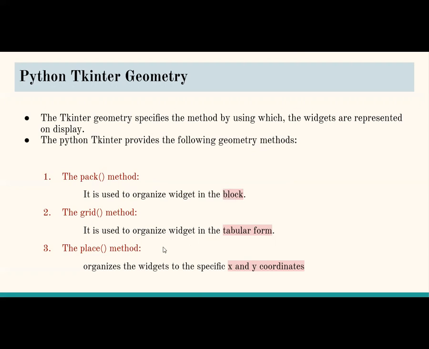Grid organizes the widget in a tabular form, and place organizes the widget on specific x and y coordinates. So we'll first see the pack method, which organizes the widget in a block.